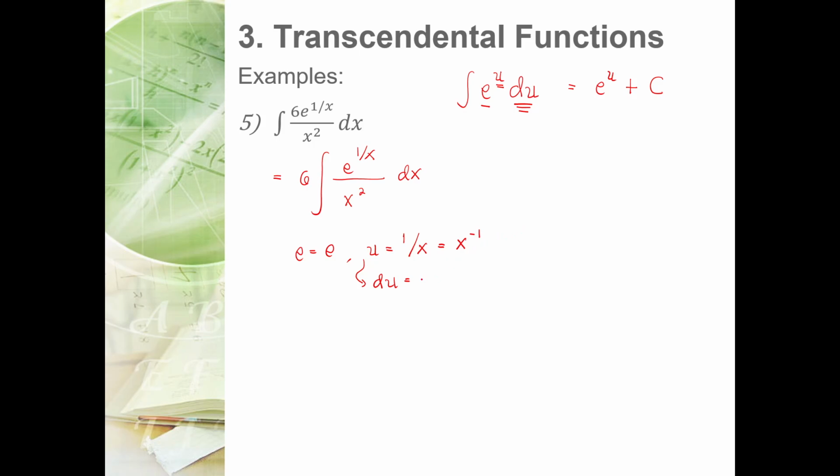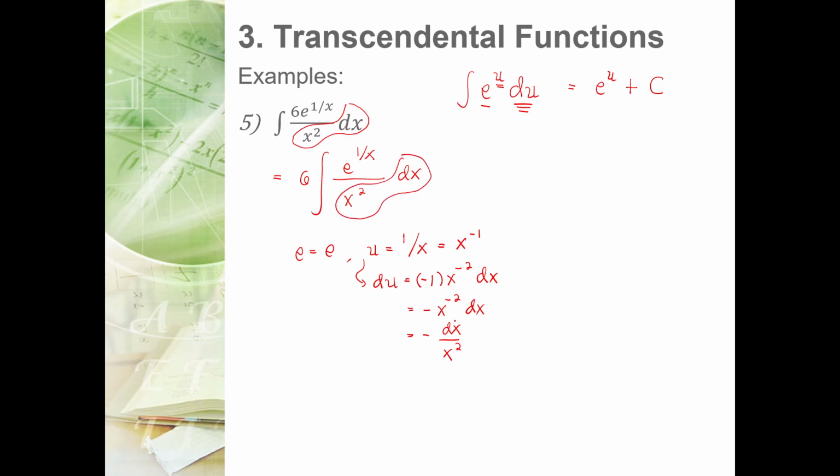The derivative of this is negative 1 times x raised to negative 2 dx. So we have negative x raised to negative 2 dx. Getting its fraction form, you have dx all over x squared. Notice that we have dx over x squared in the given equation, this one here.